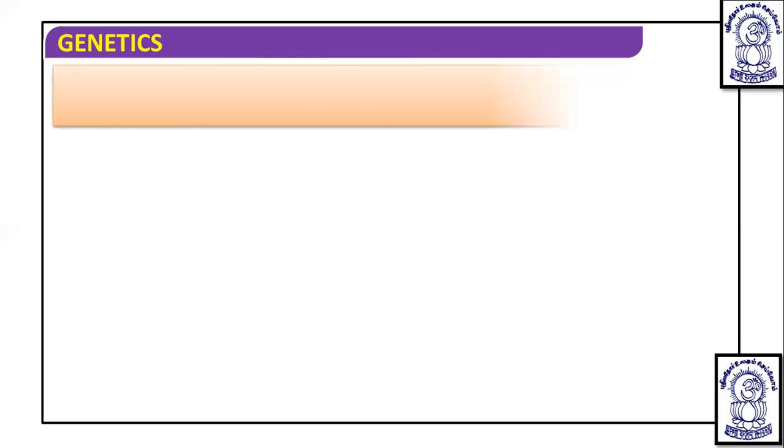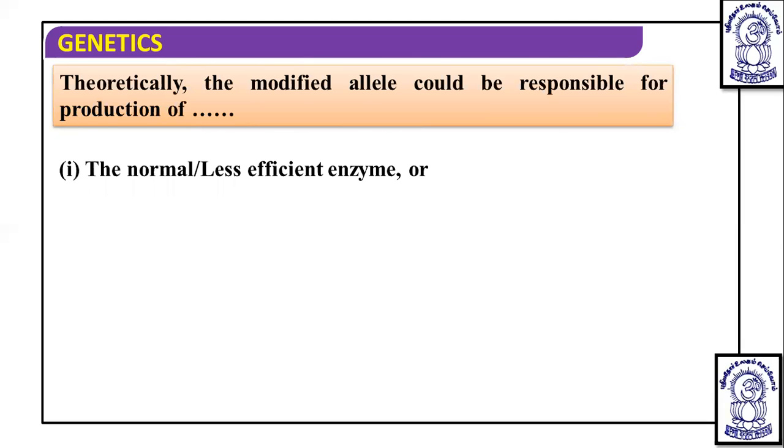If it gets modified, some mutation can occur, or due to any environmental factor, the dominant allele, or original allele, or wild allele, or unmodified allele gets modified into the modified allele.